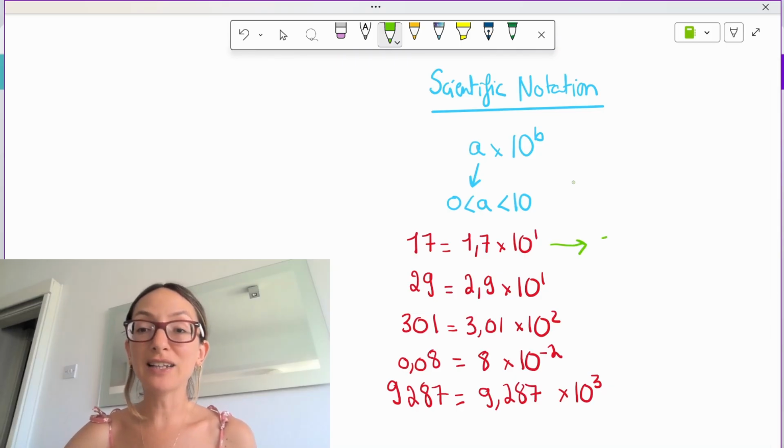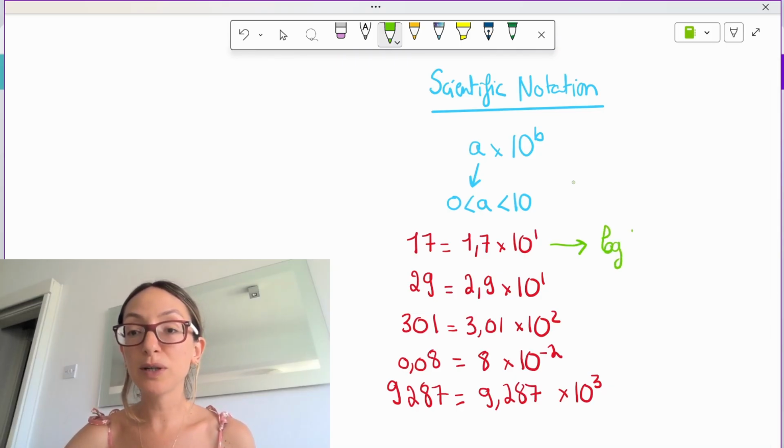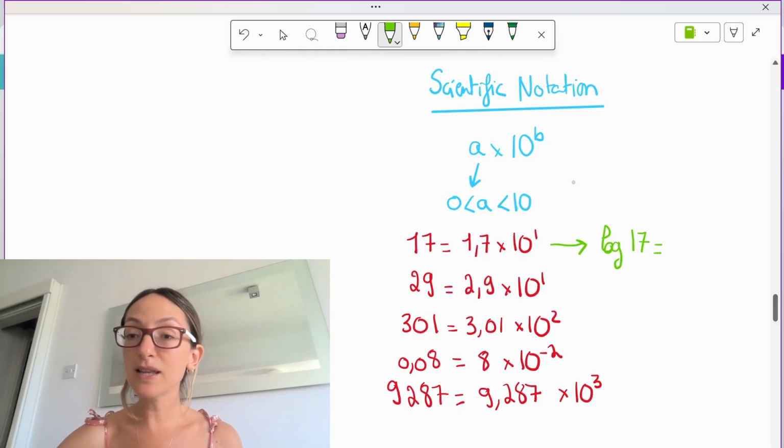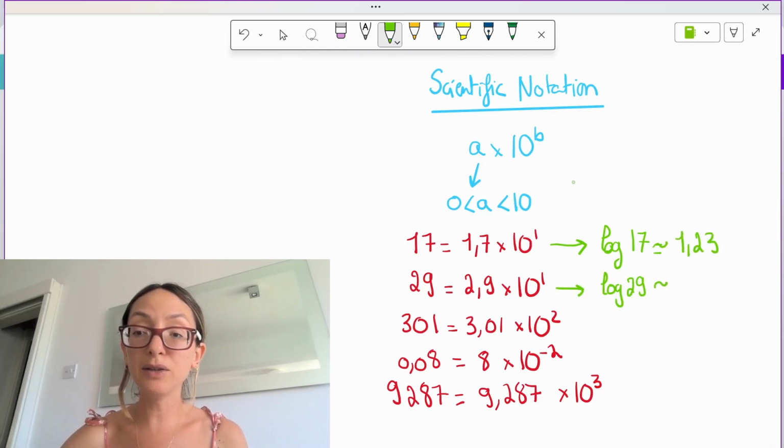So if you have your calculator, I invite you to compute what is log of 17. And remember, log written on its own like that just means log base 10. Now log of 17 is approximately equal to 1.23. Now if you compute log of 29, you will find that it's approximately equal to 1.46.